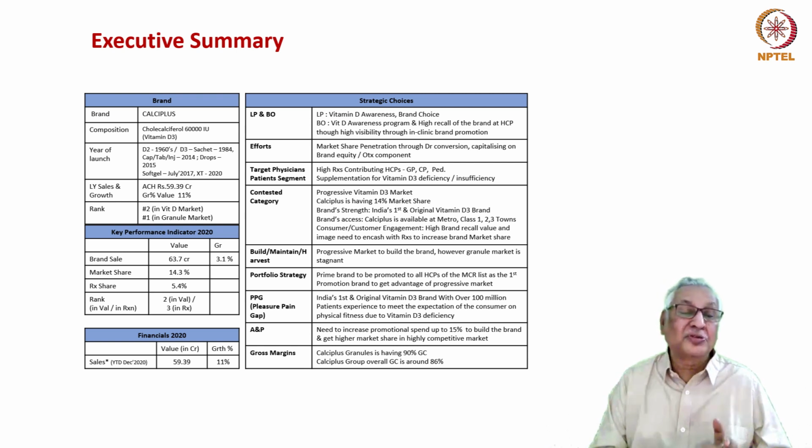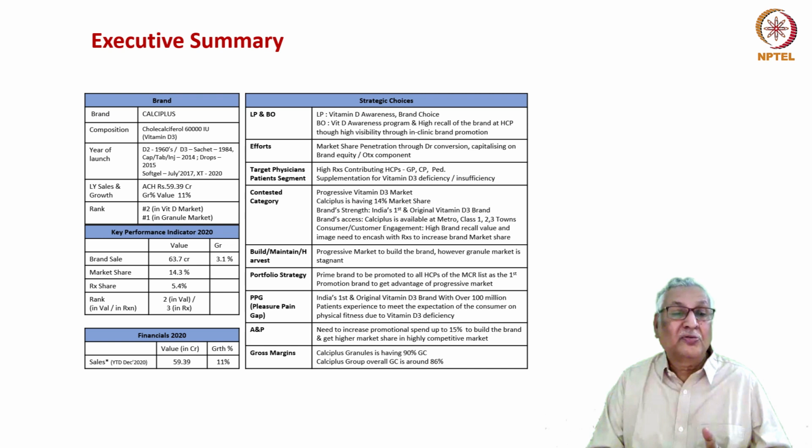And in what forms the product has been launched? What are last year's sales and growth? And what is the rank in overall vitamin D market and in the sub-market? What are the key performance indicators in terms of brand sale, market share, prescription share, Rx means prescription, and the rank? Again, what are the financials in terms of turnover and growth percentages?